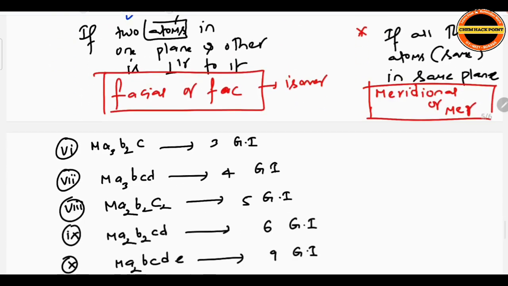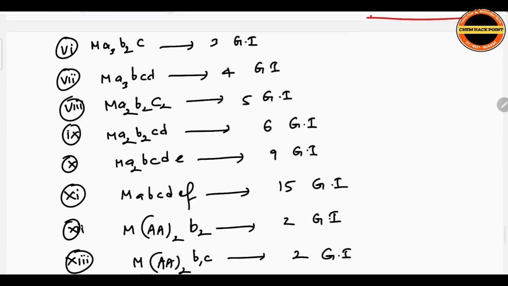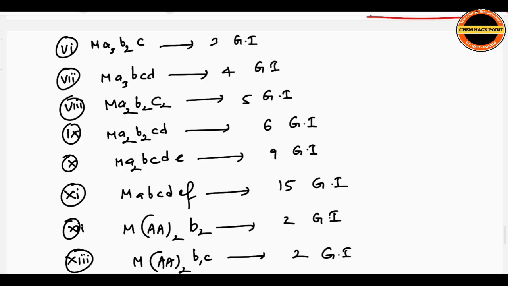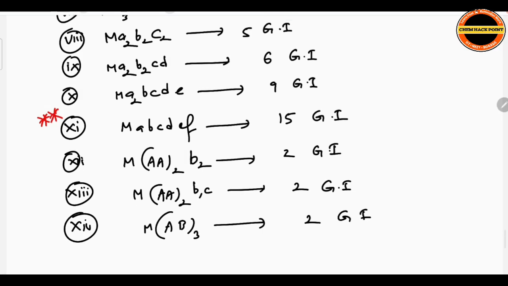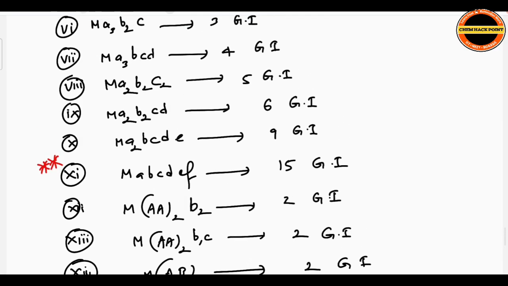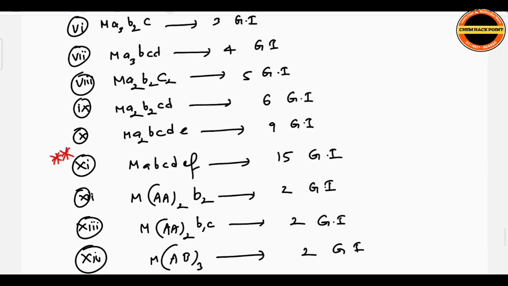Okay. Next, other combinations I wrote here. MA3B2C, how many geometrical isomers, different combinations I wrote here. So here you focus on this particular one, 15 geometrical isomers for MABCDEF, and different combinations I wrote. You pause the video, write in your notes all these examples whatever I gave.